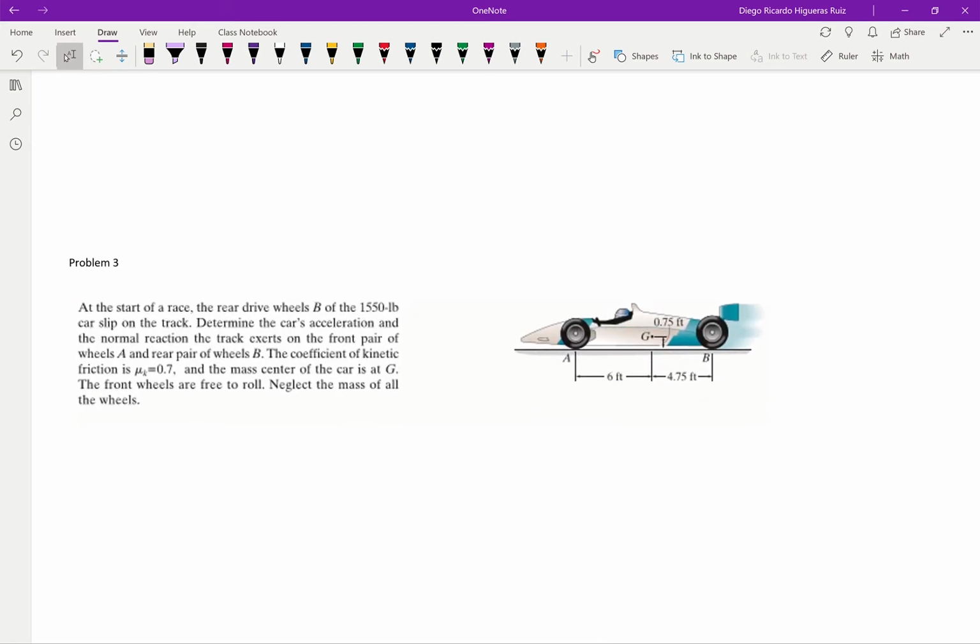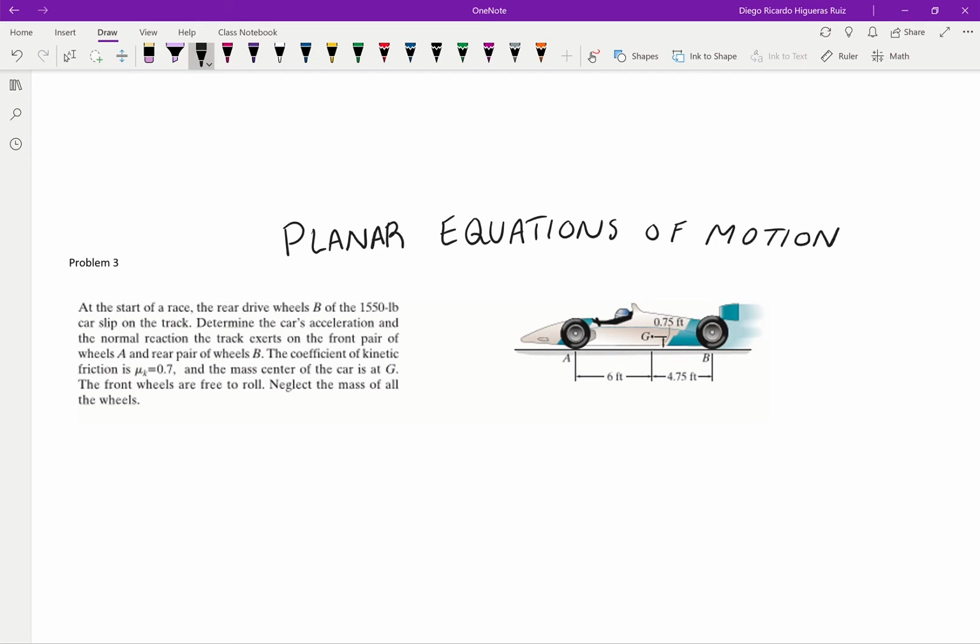the planar, so two-dimensional equations of motion. The planar equations of motion are gonna be the last two problems.